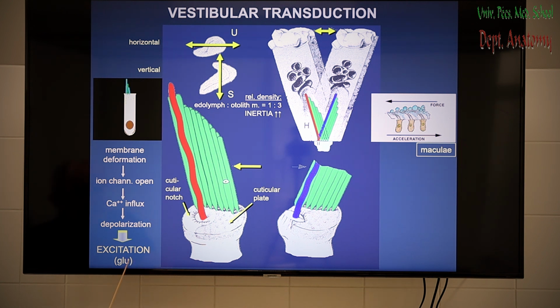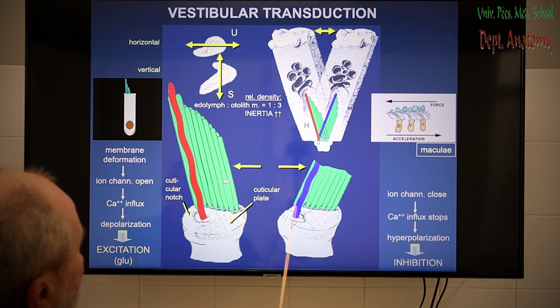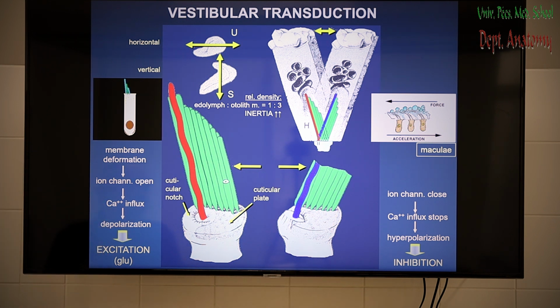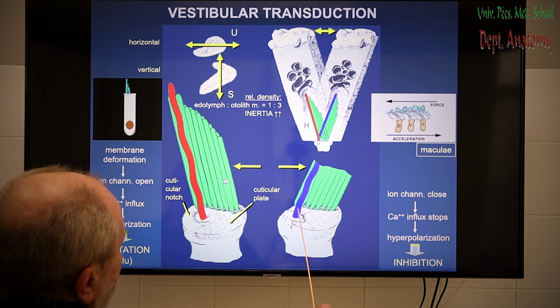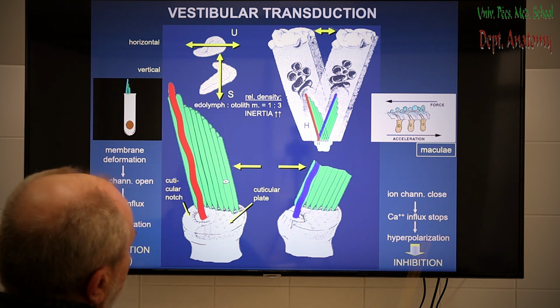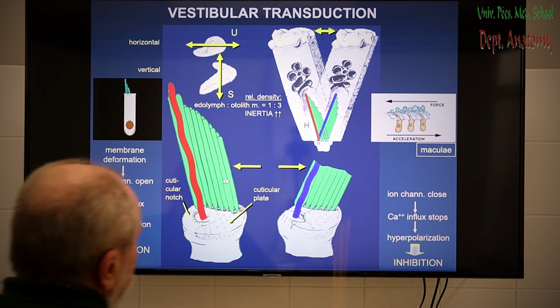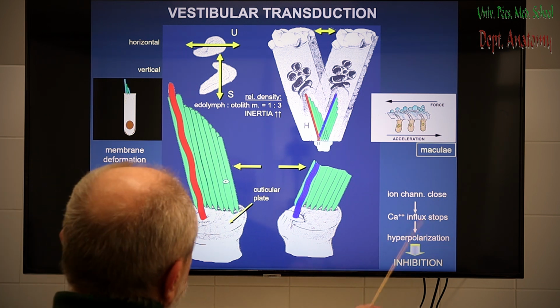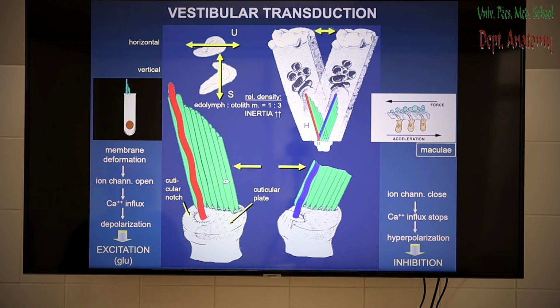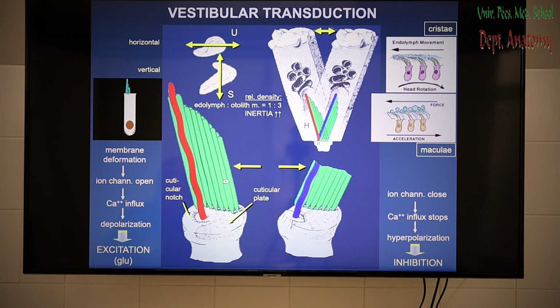Due to depolarization, glutamate is released towards the sensory afferents at the bottom. While if the movement happens in the opposite direction, the notch is formed towards the stereocilia, not away from the stereocilia, and that closes the ion channels, and hyperpolarization results in inhibition of the cells. So the maculae and the cristae act in the very same way.